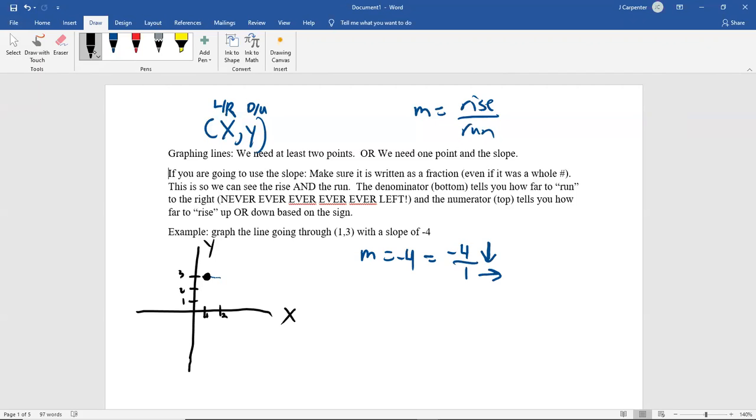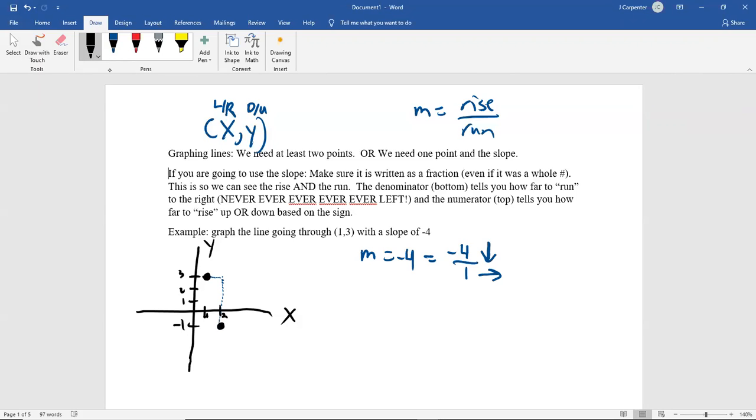And we run 1, and then we're going to quote rise, which will feel more like a fall, down 4. Now, not down to -4, we start at a height of 3, so we got to count down 4. 1, 2, 3, 4, and that would put us at -1. And then there is our second point.